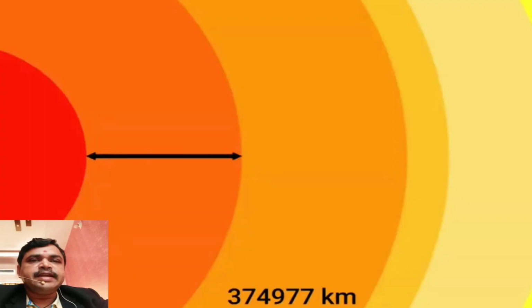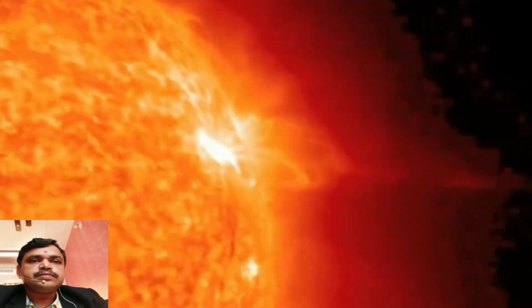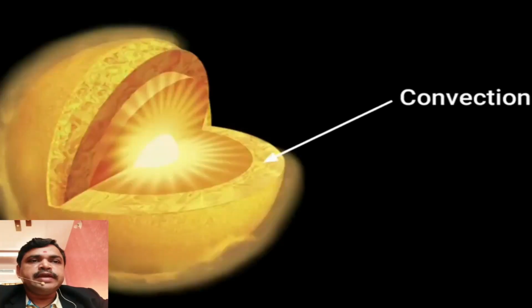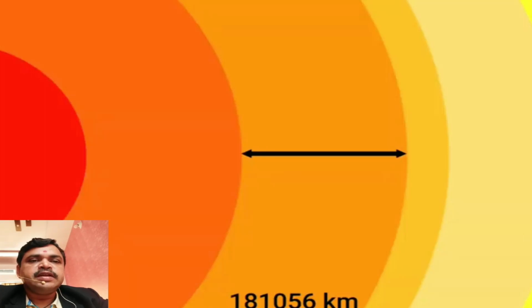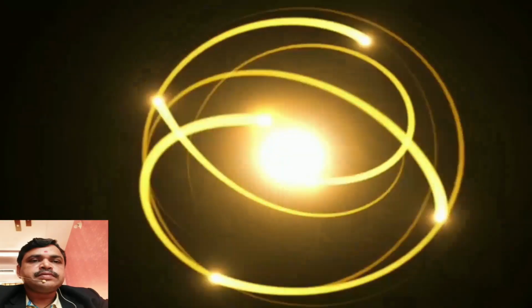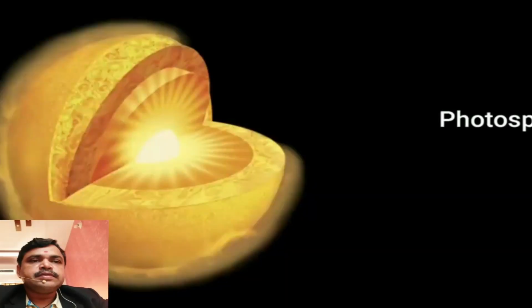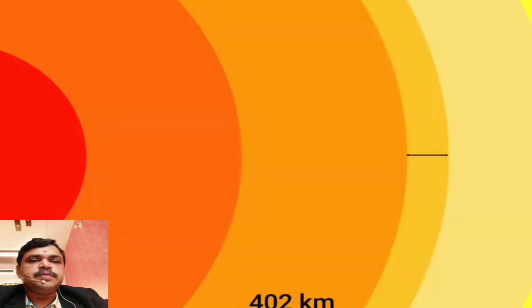Second is the radiative zone. Its distance, temperature, next layer is the convective zone. Its distance, temperature, next one is the photosphere.